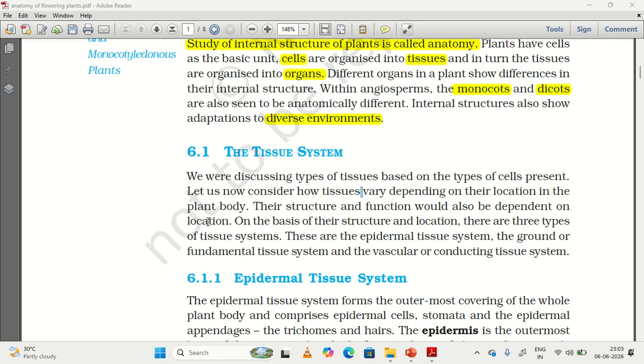Different tissues vary in size and function according to the location in the plant body. On the basis of their structure and location, there are three types of tissue systems.